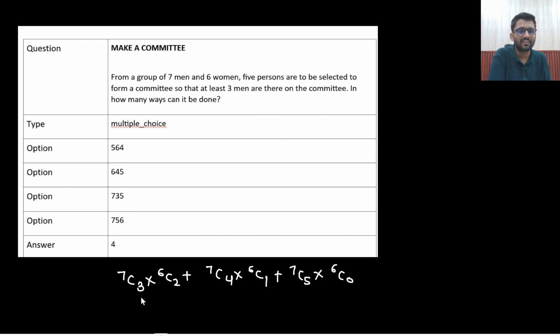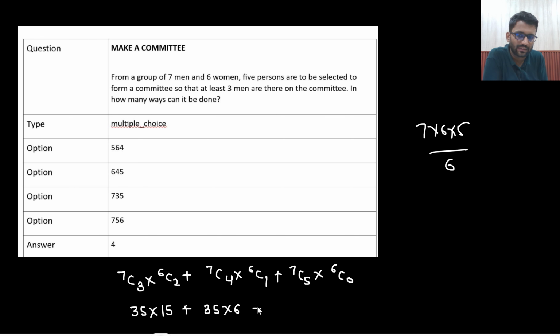So what would be your 7C3? 7 into 6 into 5 divided by 6, 35. What would be 6C2? That would be 15. Plus 7C4 would be equal to 7C3 only, that would be 35. And that would be 6. 7C5 will be equal to 7C2 only, 7C2 would be 7 into 6 divided by 2, 21 into 1.